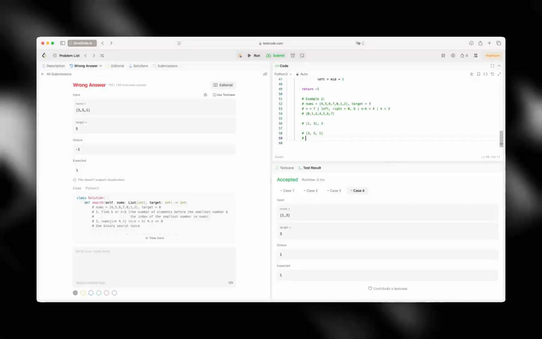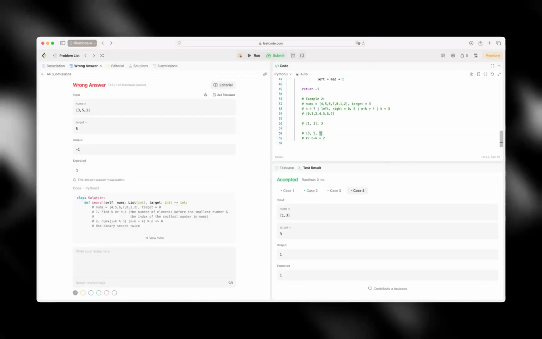So if I look into this, 3, 5, 1. Well, first of all, 3. So I have this. I want to find K, right? Okay, finding K is the first sub problem. And K here, n minus K should be 2. Do we find 2?